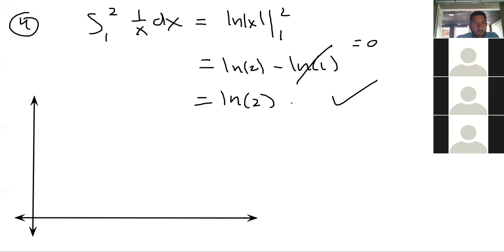So we're interested in what's happening from 1 to 2. Let's redraw this picture. It comes down and looks like this.